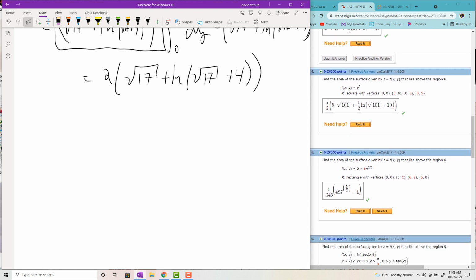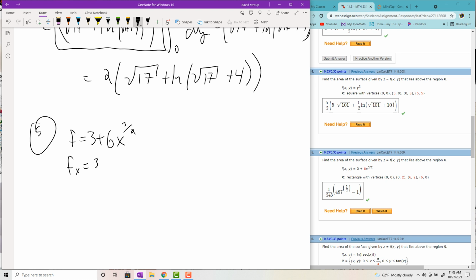Let's try number 5. Okay, so number 5. The surface area above the region, and they're giving us f is 3 plus 6x to the 3 halves. Okay, so I need fx.